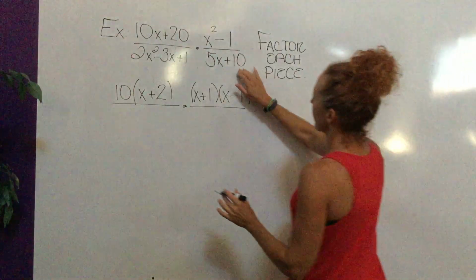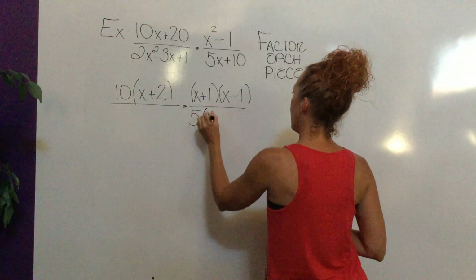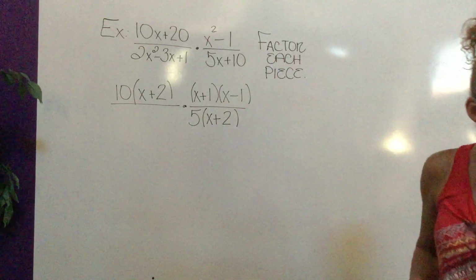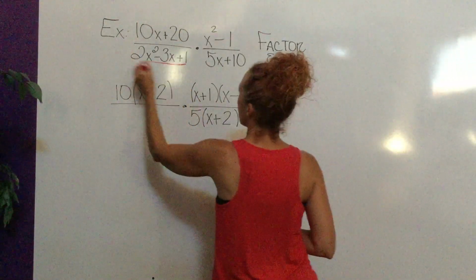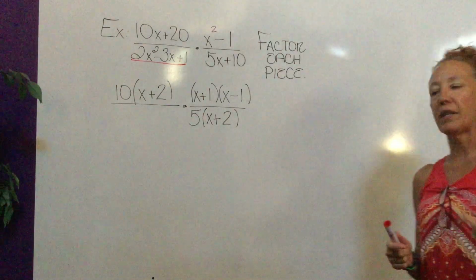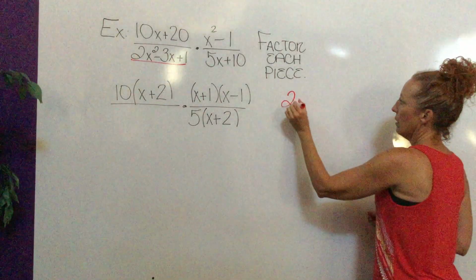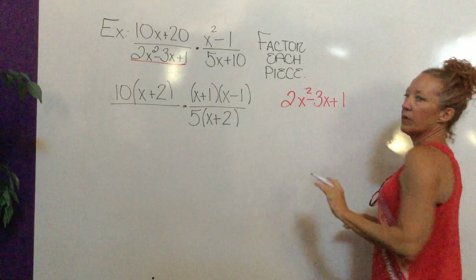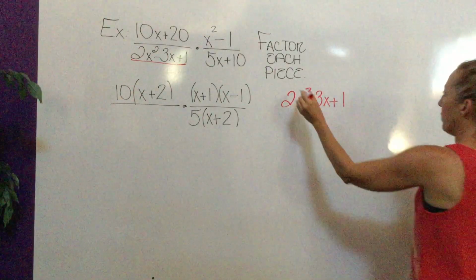What am I going to factor out of 5x plus 10? There's a GCF there. And then I've got this, which is going to use that slip and slide method. You can just work it off to the side on your scratch paper.